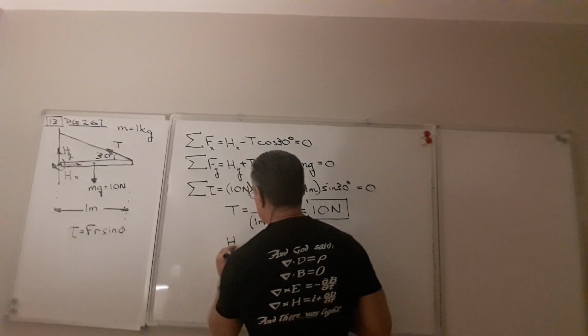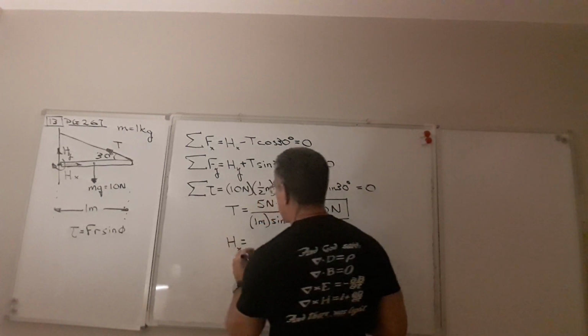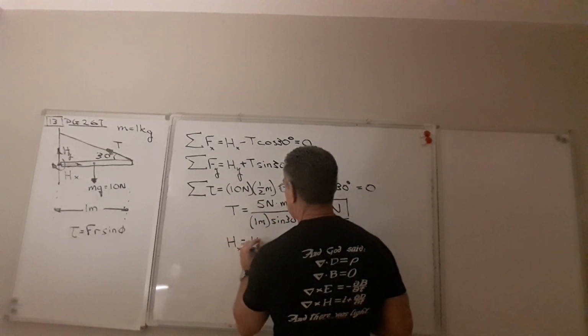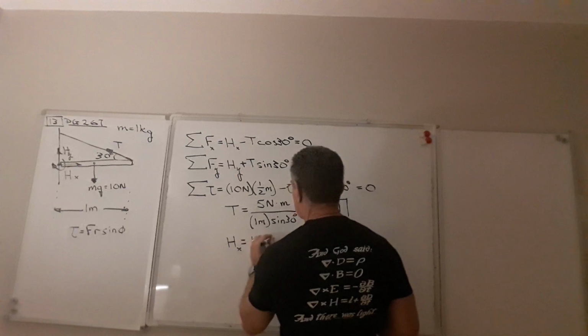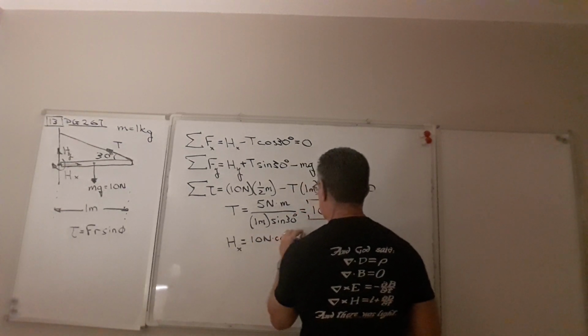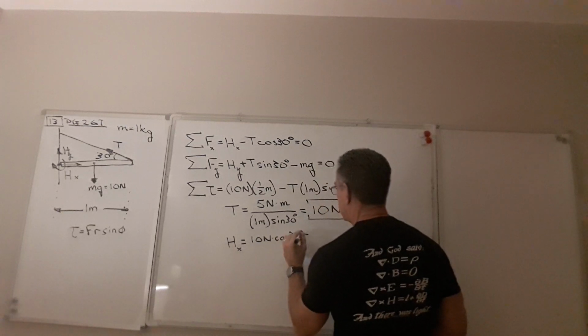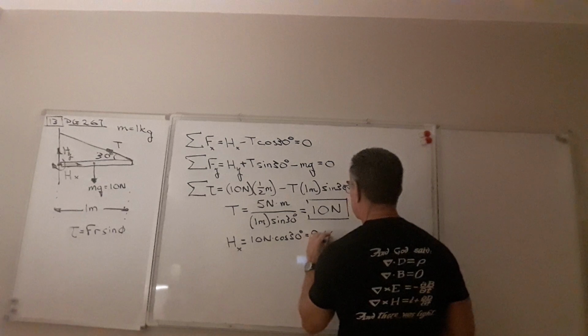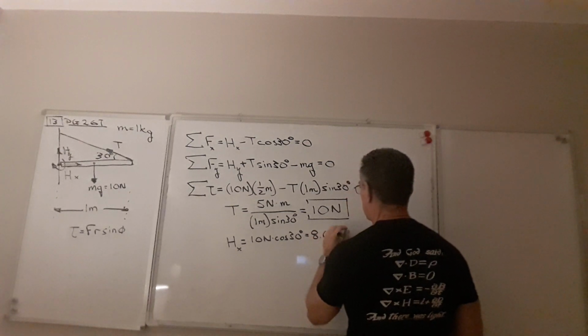So Hx, the hinge force in the x direction, will be equal to T cos 30, and T is 10 newtons times the cos of 30 degrees, and that gives me 8.66 newtons.